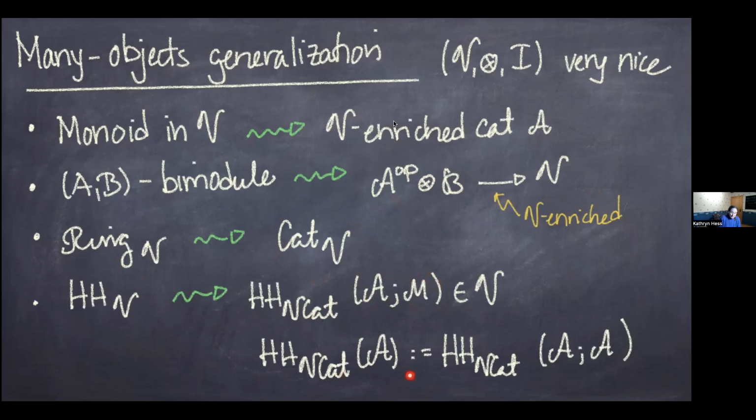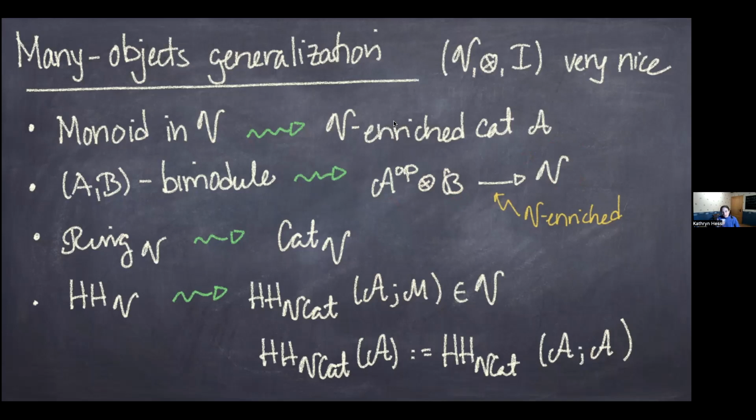And we can again restrict to the case where the bimodule is just coming from A itself. So in that case, you have A op tensor A to V. It's the functor that just takes a pair A, B to its morphism object. So in this case, there's this nice many objects generalization.